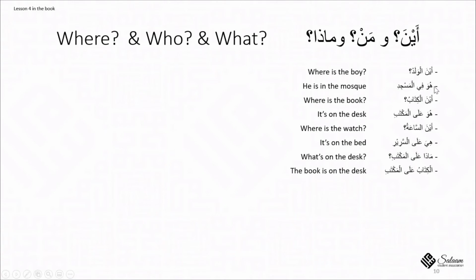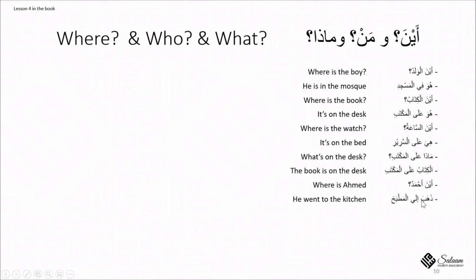It's still a mubtada, it's still at the beginning of a nominal sentence, but it is not going to change. Al-kitabu, on the other hand, is not a pronoun, so it's going to change. It can be al-kitabi, al-kitaba, or al-kitabu, based on the position. Now, because it's a mubtada at the beginning of a nominal sentence, it takes damma. Al-maktabi takes kasra because it's after a preposition. I hope this is clear. If this information is clear, then this lesson is successful so far.